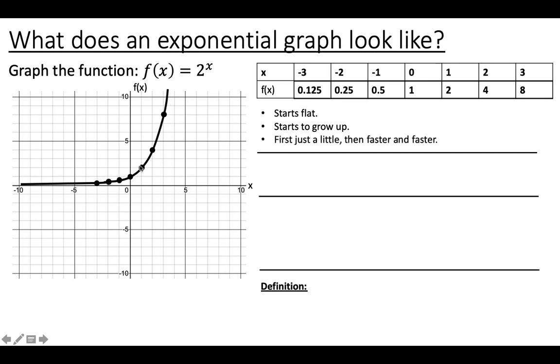By the end of it, it's going up really, really fast. We can see that in the numbers too. 0.125, very little, then up to 0.25, only a little jump, then 0.25 to 0.5, bigger jump, but still little. And then our jumps get bigger and bigger from 1 to 2, 2 to 4, 4 to 8. We're going up real slow at first, and then all of a sudden we're going up real fast.